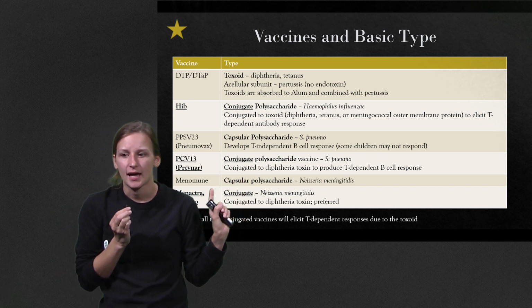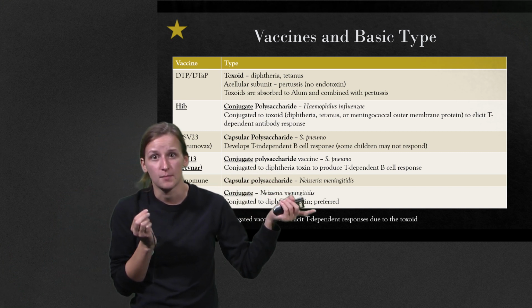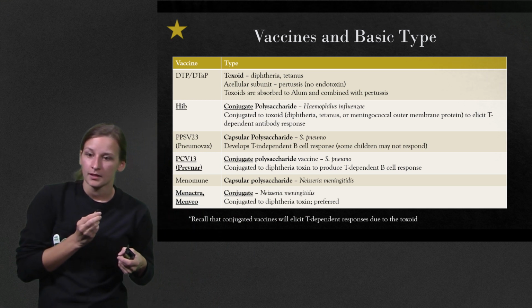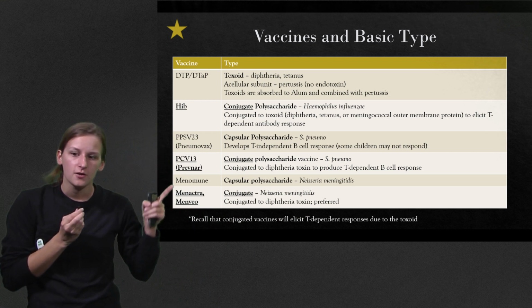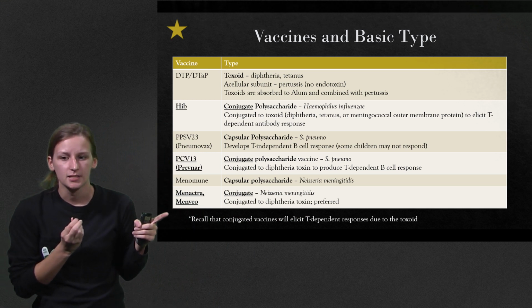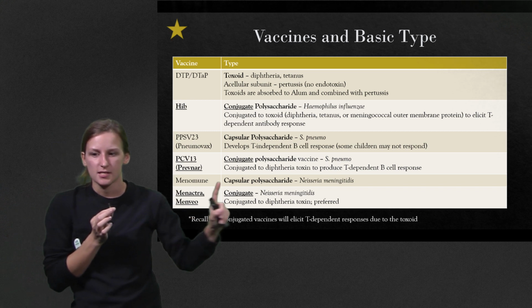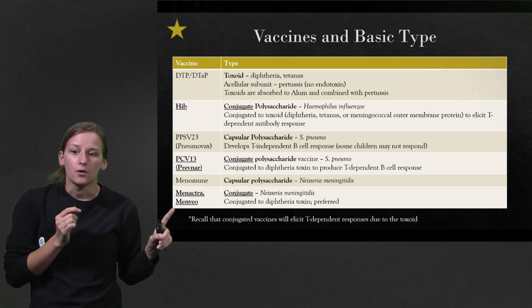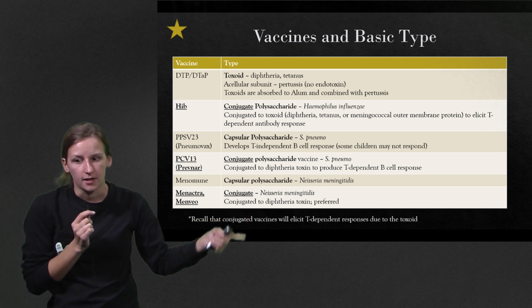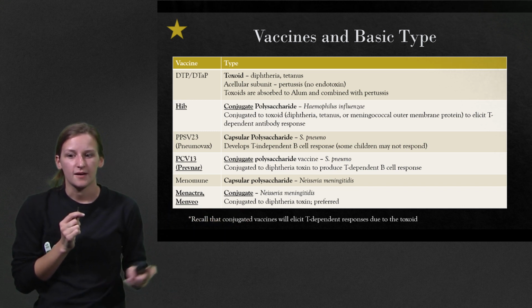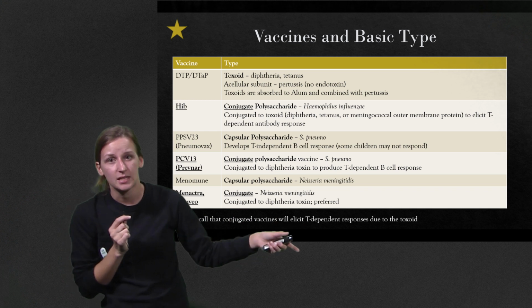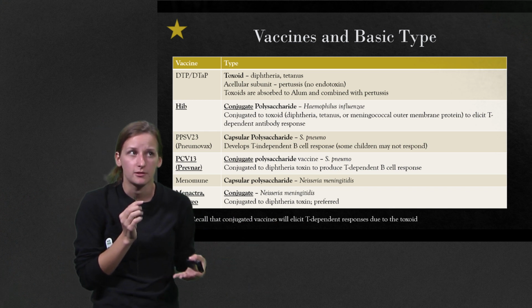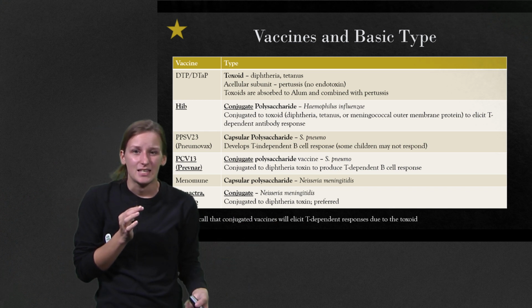This one actually has diphtheria attached to it to produce a memory response. Menomune and Menactra and Menveo all treat meningitis. However, Menomune is the capsular polysaccharide only, whereas Menactra and Menveo are conjugated to diphtheria again. So if you're conjugated, you're going to develop a T-dependent response versus capsular is T-independent.